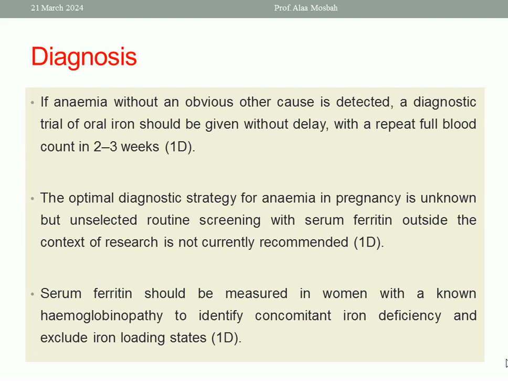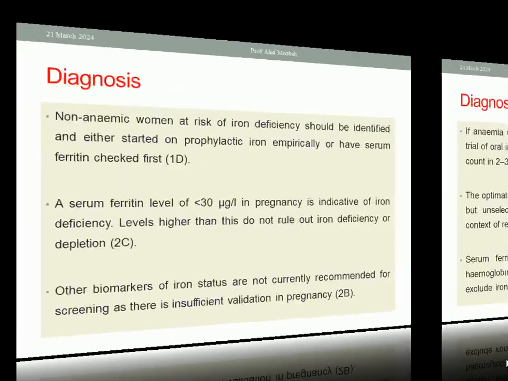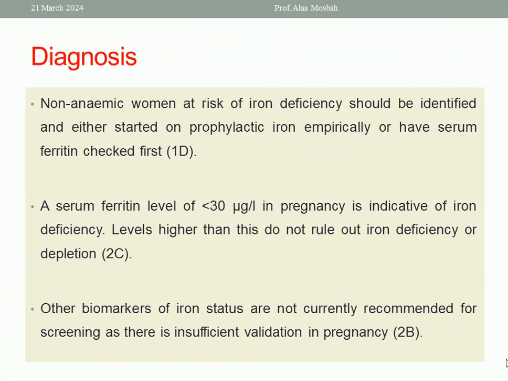Serum ferritin should be measured in women with a known hemoglobinopathy to identify concomitant iron deficiency and exclude iron loading state. Non-anemic women at risk of iron deficiency should be identified and either started on prophylactic iron empirically or have serum ferritin checked first.